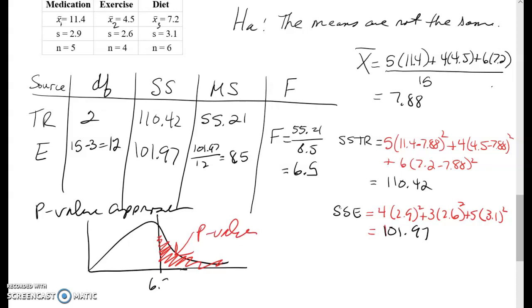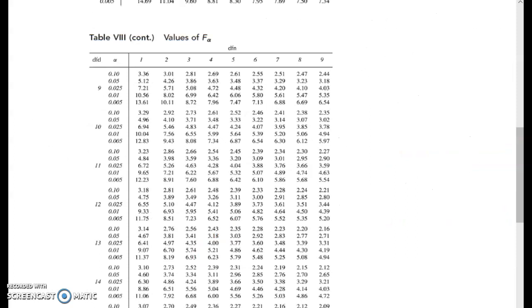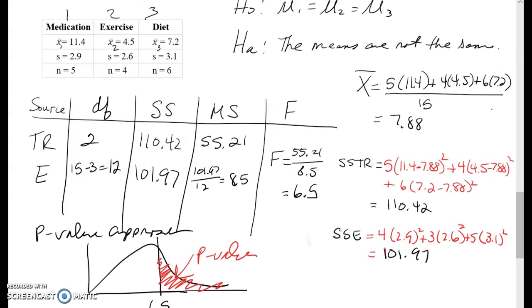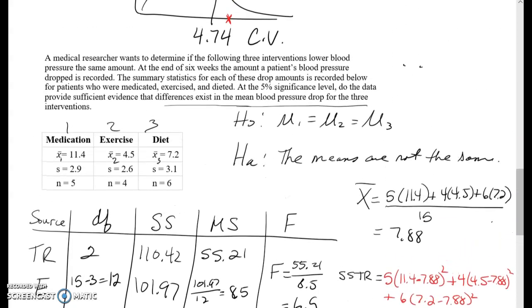So to get our p-value, a couple things we need here. We need our degrees of freedom, numerator 2, denominator 12. We also need to know what our significance level is, of course. We'll need to compare that at the end.